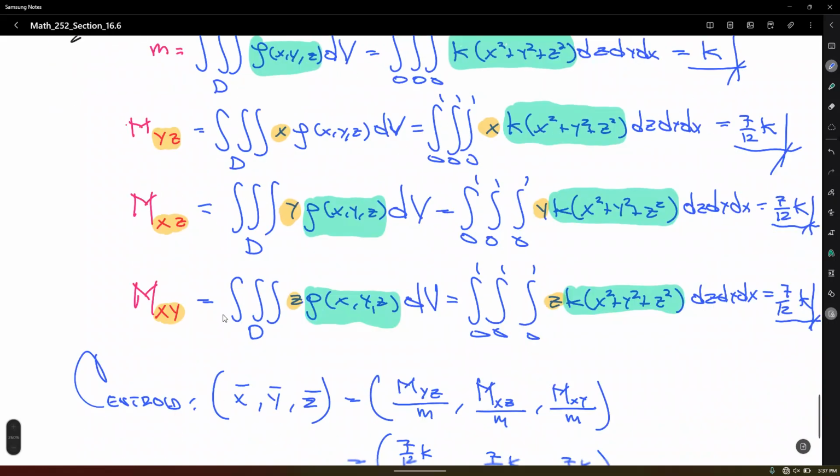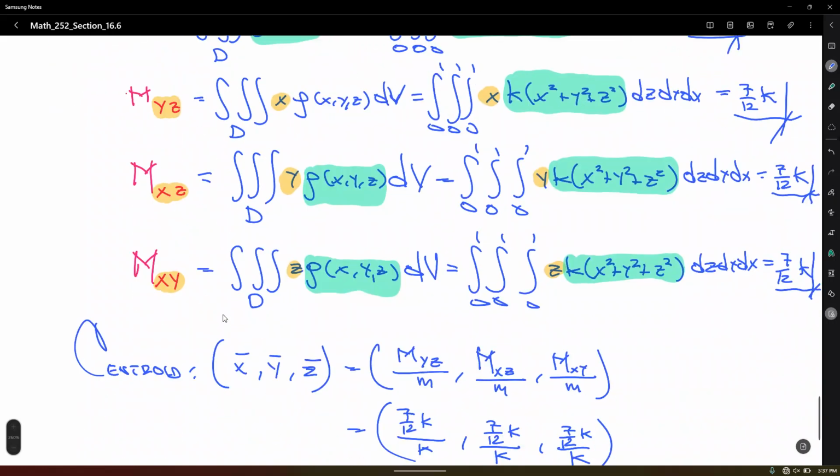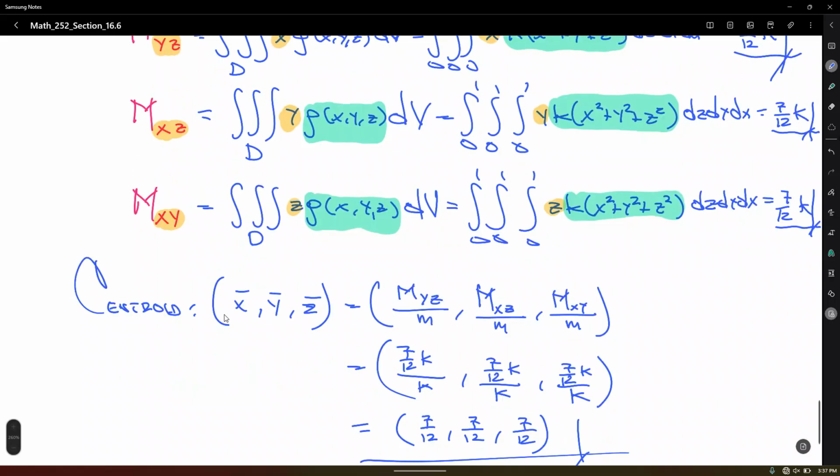All right. Well, so we have all we need to find the center of mass. How do we get the center of mass, x bar, y bar, z bar? Again, the x coordinate is the moment about yz, which involves a distance x, over its mass, that is 7k over 12 over k. And then comma, the y coordinate will be the moment about x and z, which involves a distance y, that's also 7k over 12 over k.